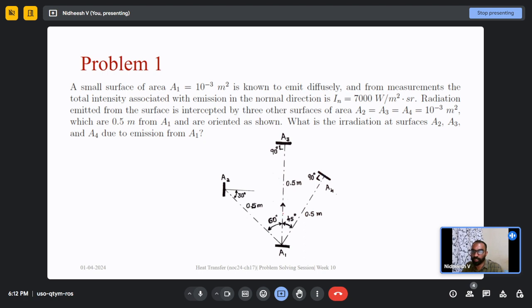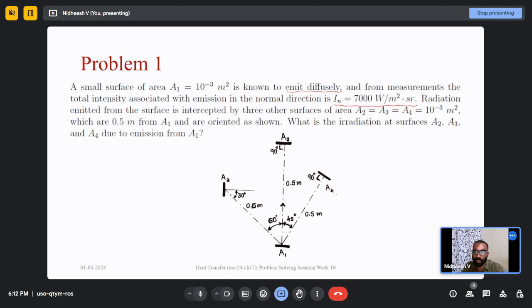Is emission in other directions the same for this case? No, actually, yes, you are right. The intensity in the normal direction is given to us. It is also given to us that this surface is emitting diffusely, right?